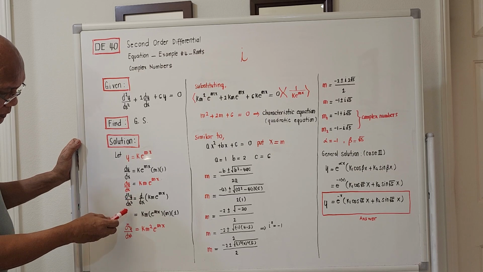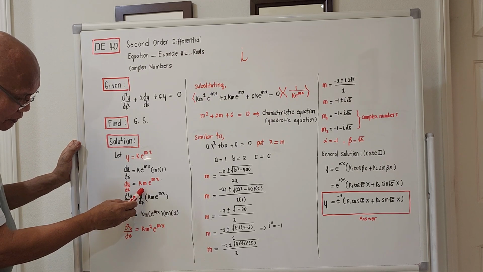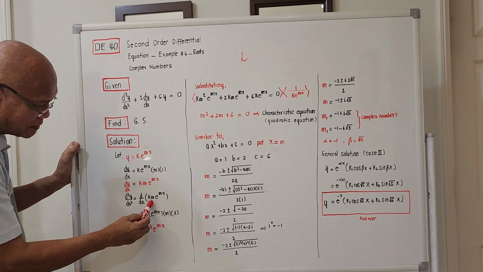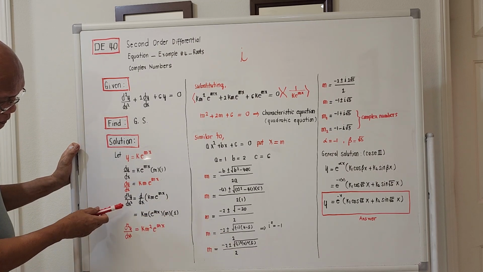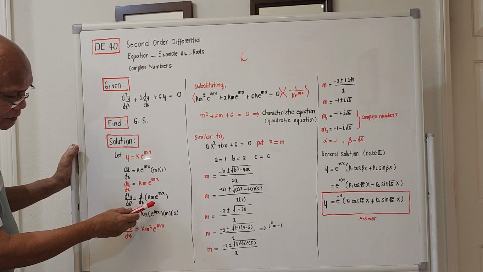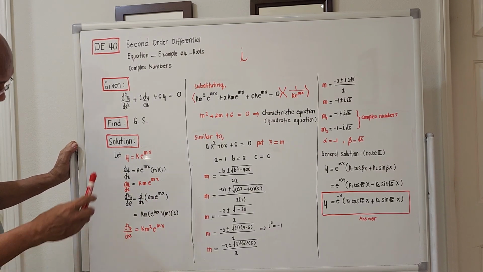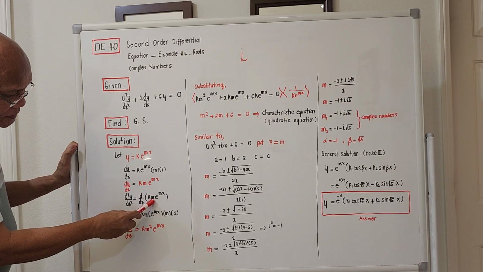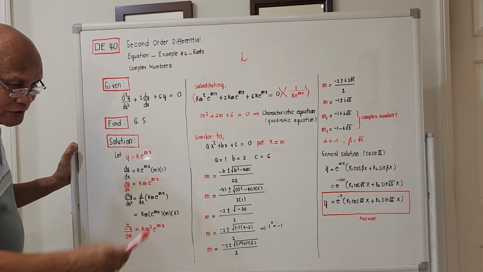d squared y over dx squared is equal to the derivative with respect to x of dy dx. dy dx is km e to the mx. So to bring out d squared y over dx squared, we will take again the derivative of the first derivative. m is constant, k is constant, and the product of two constants will still be constant.